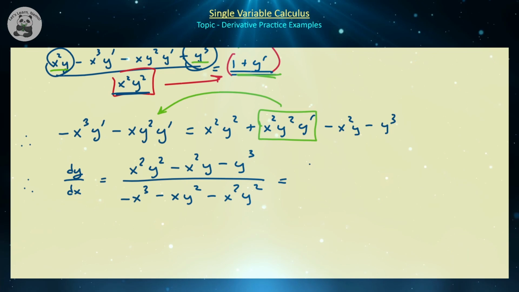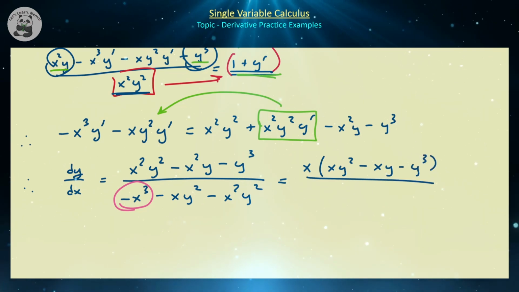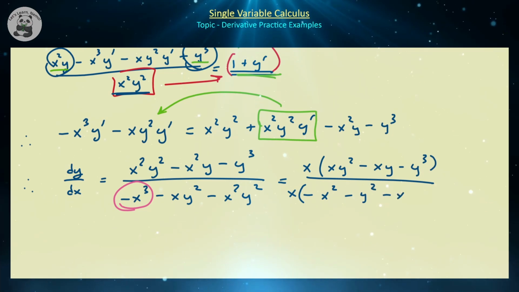In particular, we have one x on top, and we don't have a y in this lonely little term, which is actually quite sad. So I'm just going to write this as x times (xy squared minus xy minus y cubed) all over minus x squared with an x factored out, (minus y squared minus xy squared) on the bottom. And then those x's are going to cancel out.